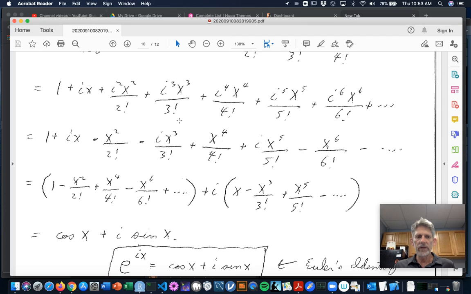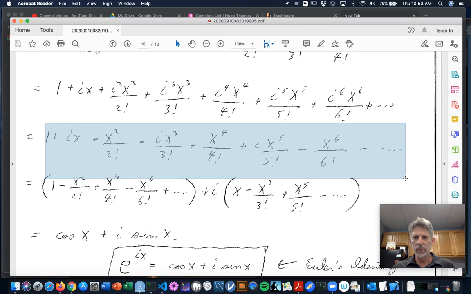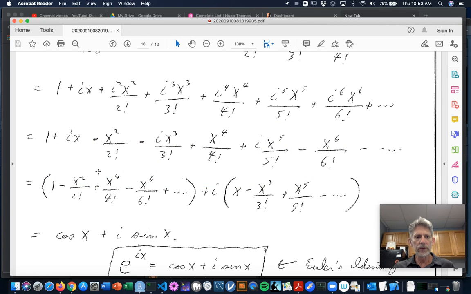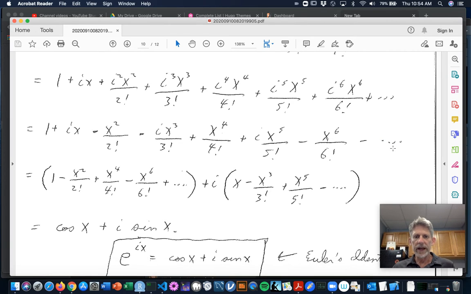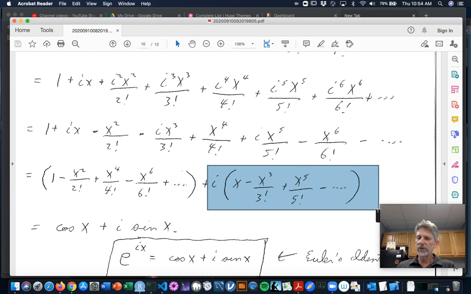And he says, all right, I've got all these numbers added together. Why don't I just gather all the real numbers together and all of the imaginary numbers together? So like there's one here, and there's one here, and there's one here, and there'll be that minus i x to the 7th over 7 factorial there, and so on. Gather them all together, but also factor out their common factor of i.